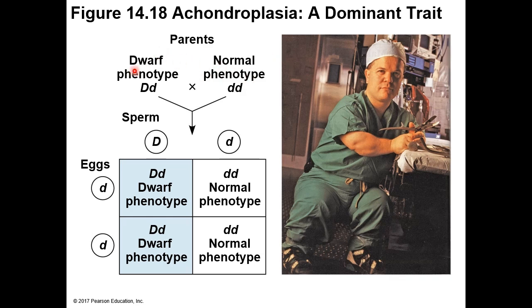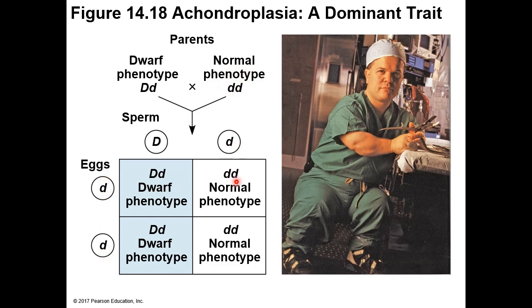Here are two parents. One has the dwarfism trait, achondroplasia, and the other parent is normal, being homozygous recessive. It seems like the father is the heterozygous individual. So we have the father's sperm at the top, and the mother's gametes on the left.